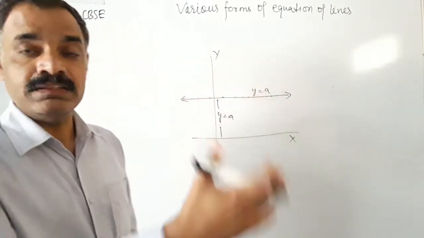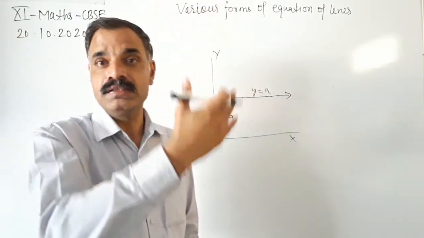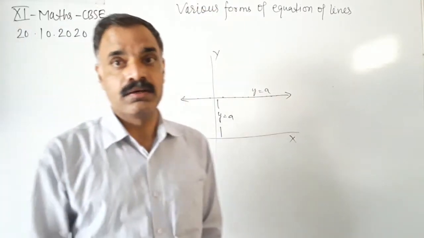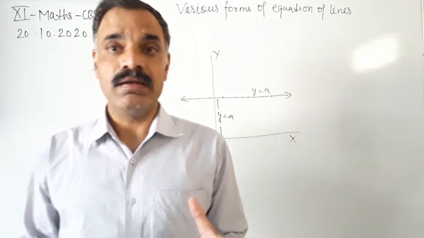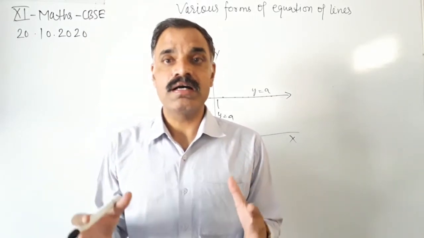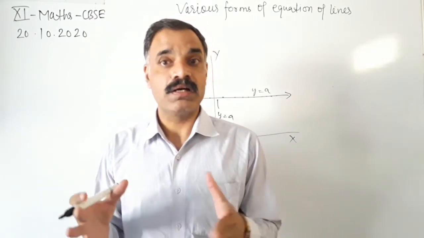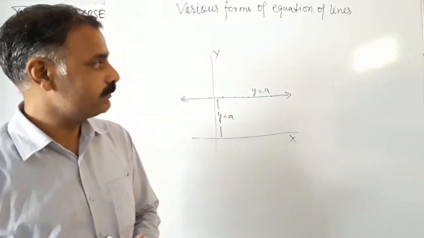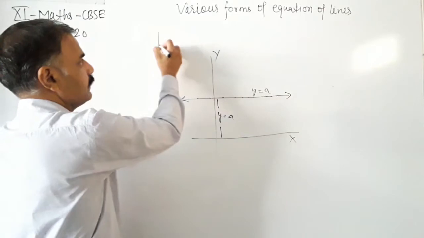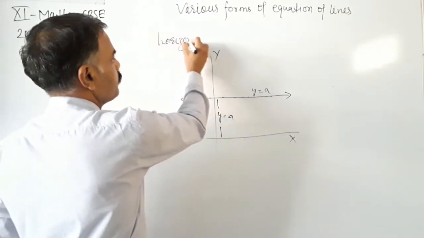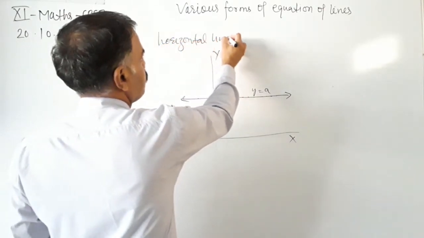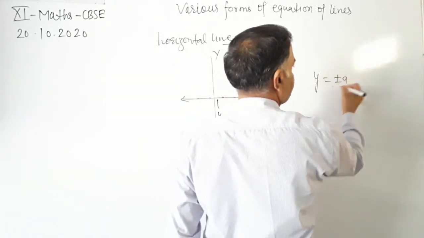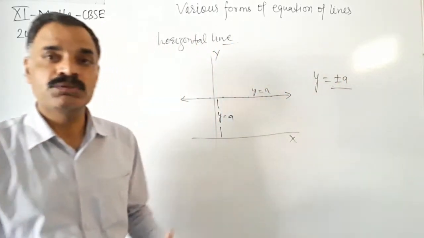If this line is below the x-axis, then y equals minus a. So a parallel line has the same ordinate, either y equals plus a or y equals minus a. So the equation of the horizontal line is y equals plus or minus a.